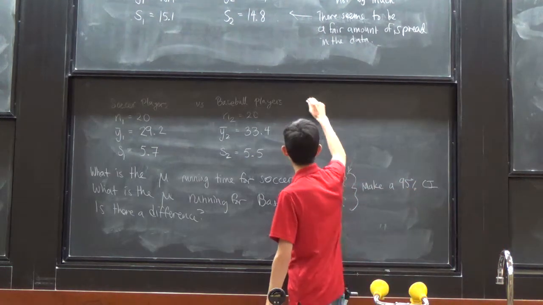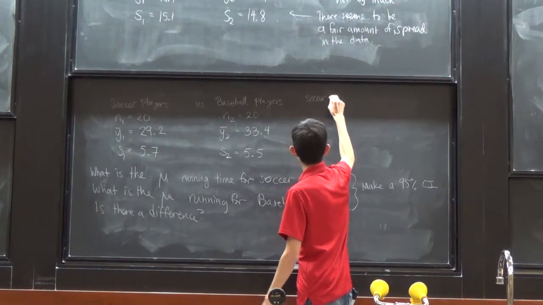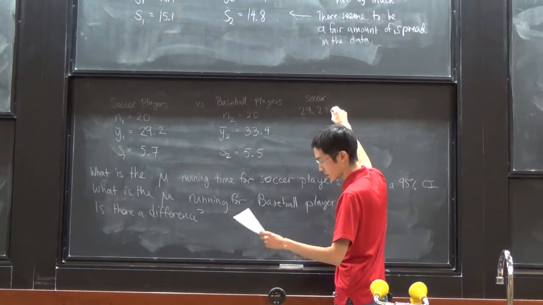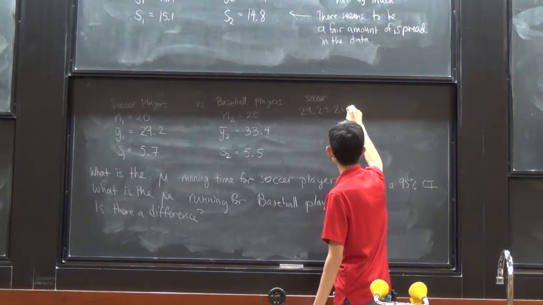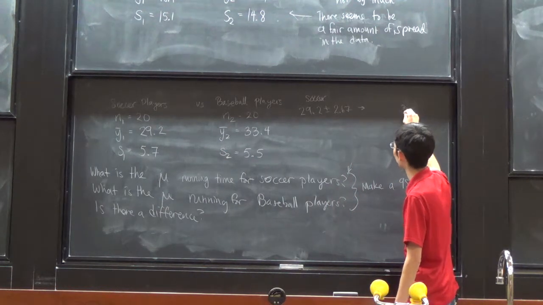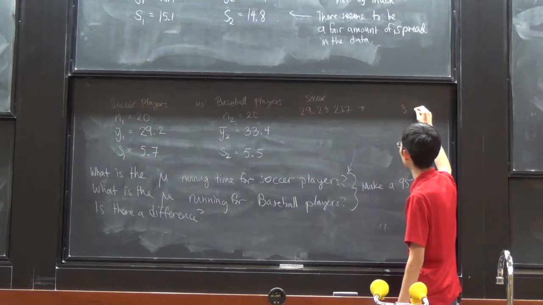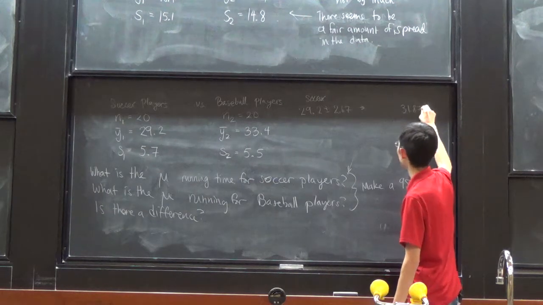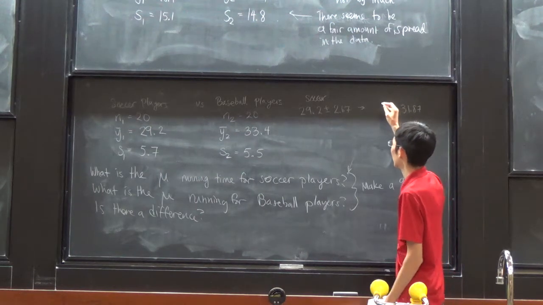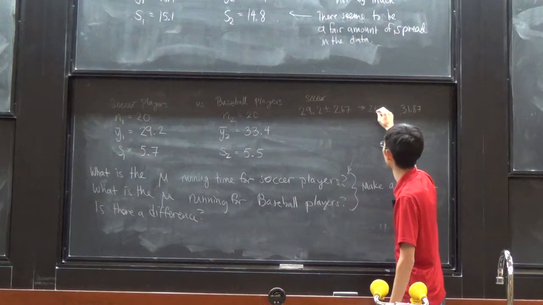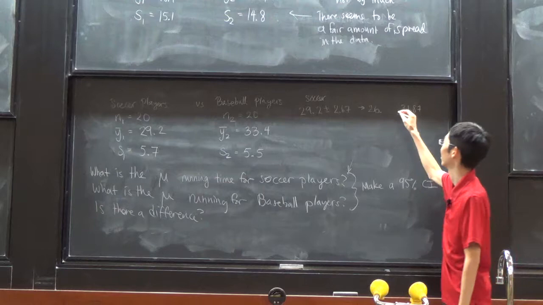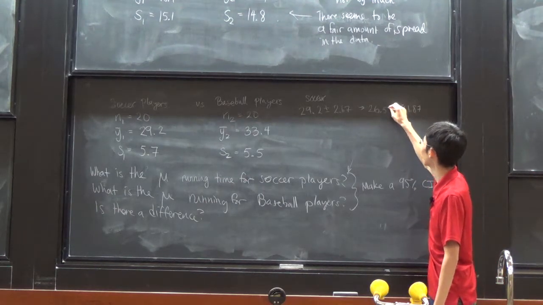Okay, so for soccer, I'm getting 29.2 plus or minus 2.67. So that gives me 26.53 to 31.87.